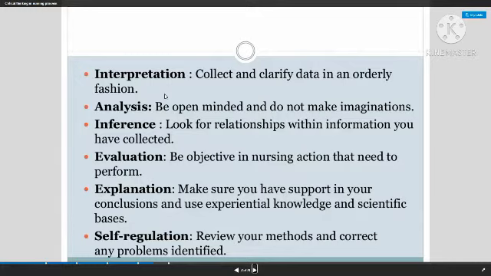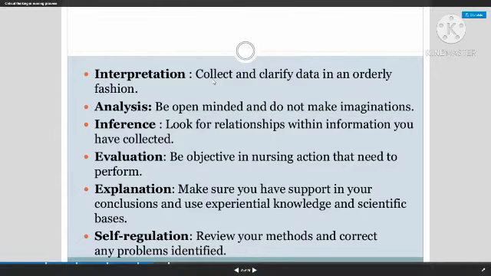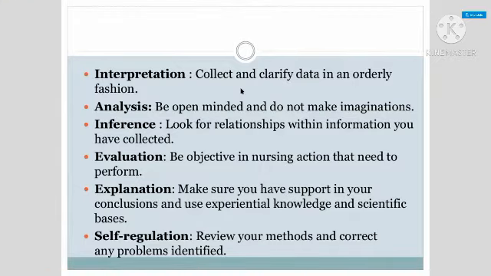You will first collect what the complaints are, whether it is hereditary, from when it began, all these things. Collect the data, and clarify whether what you have understood is proper or not.